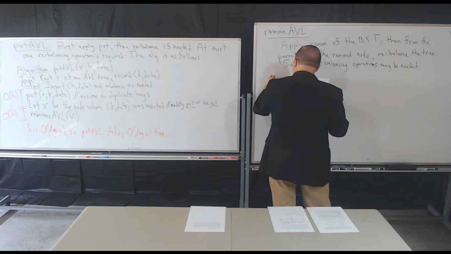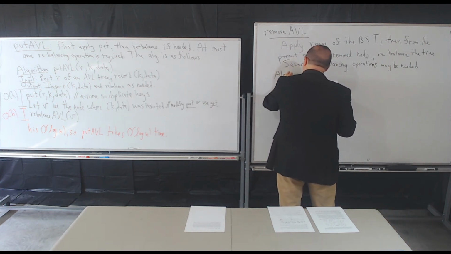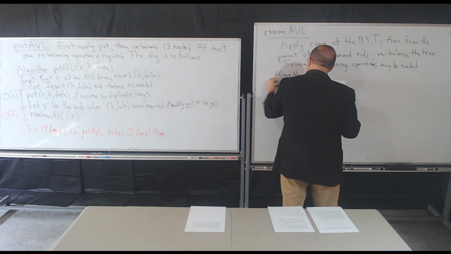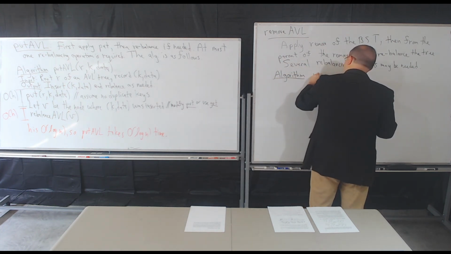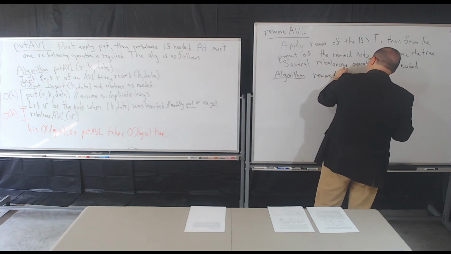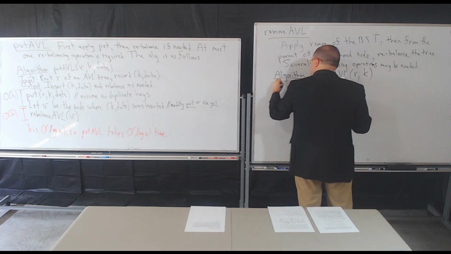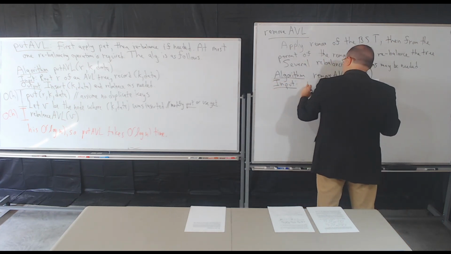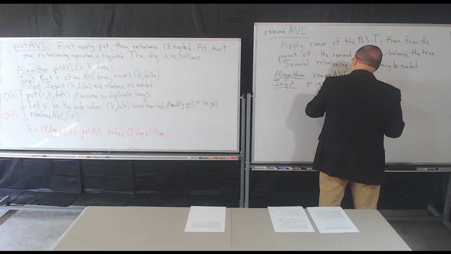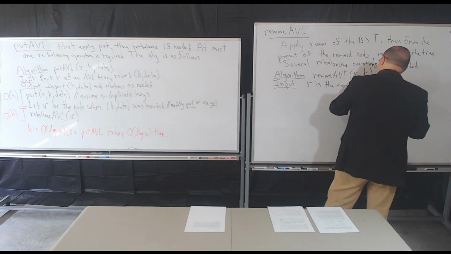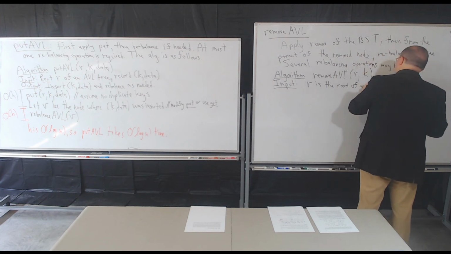So, here's the algorithm. Just like putAVL, removeAVL is going to be very short and simple. removeAVL is going to take the root and some key. So R is the root of an AVL tree.